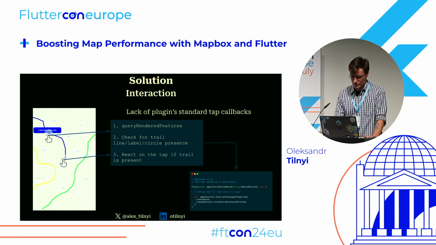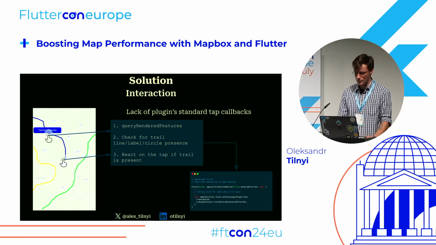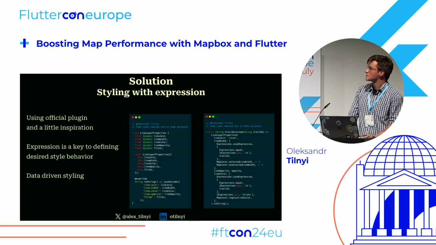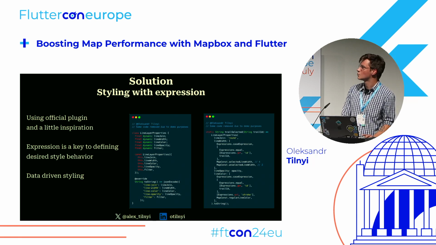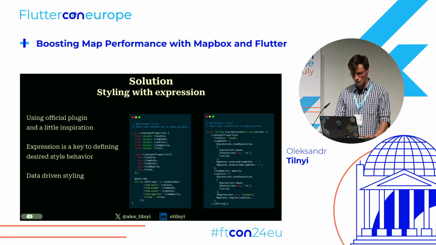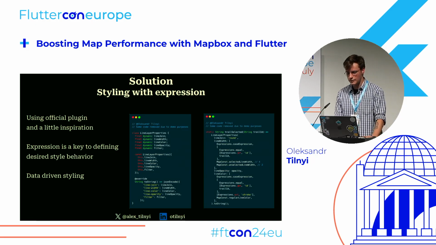And this is the next very interesting stuff for this Mapbox topic, because this is a built-in mechanism to work with the whole layers in Mapbox, which is called expressions. An expression is a thing which allows you to define a desired style behavior.